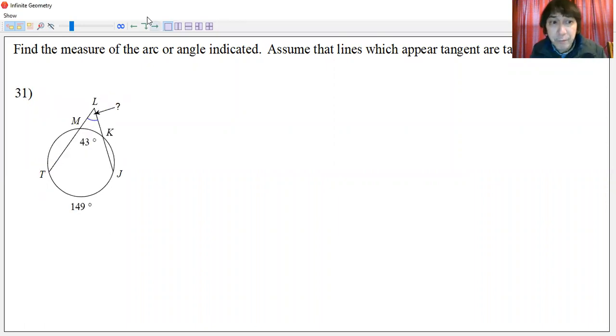This time we have two secants. So we have a theorem here.